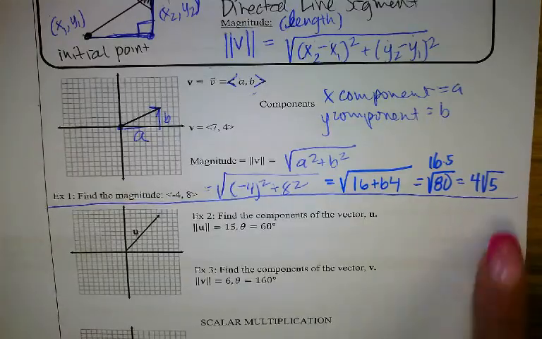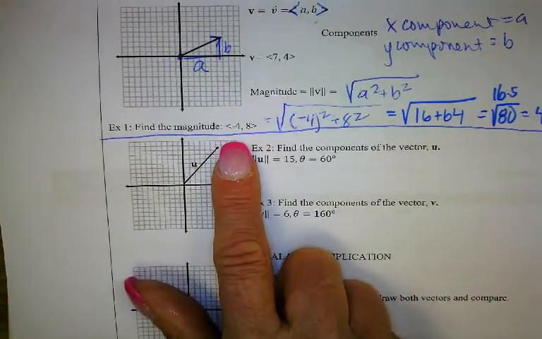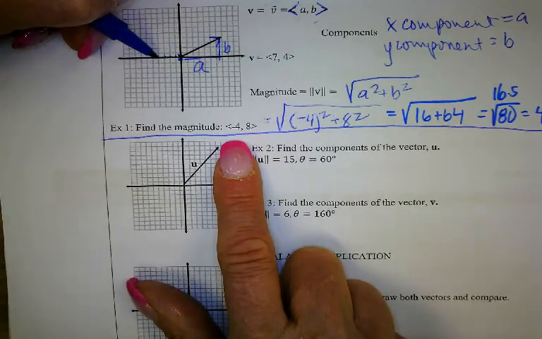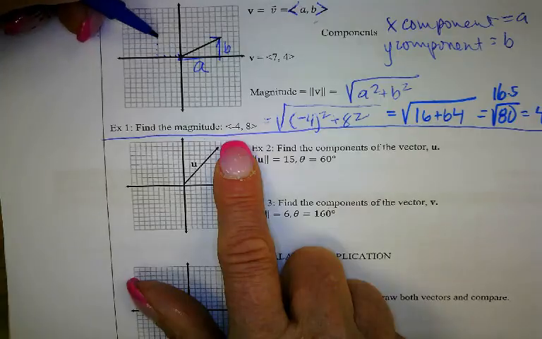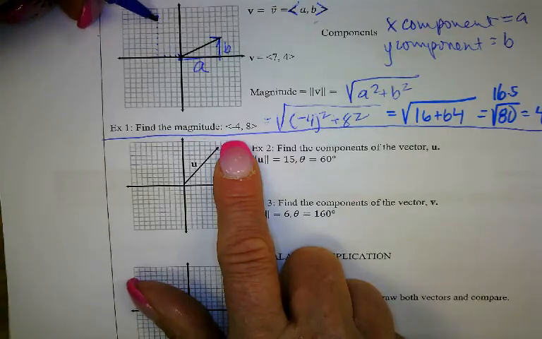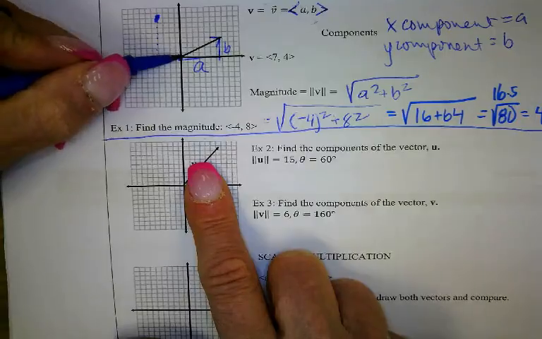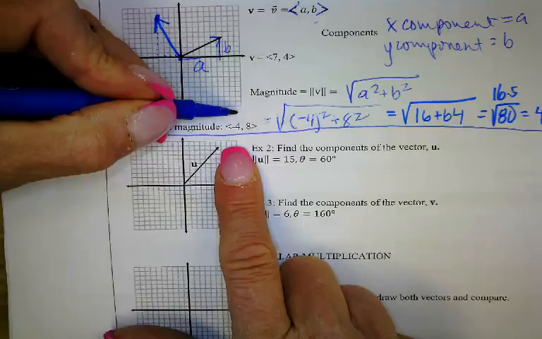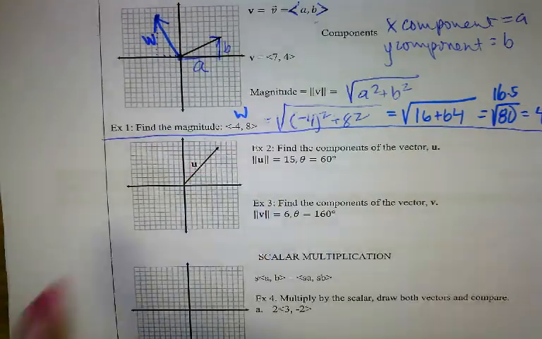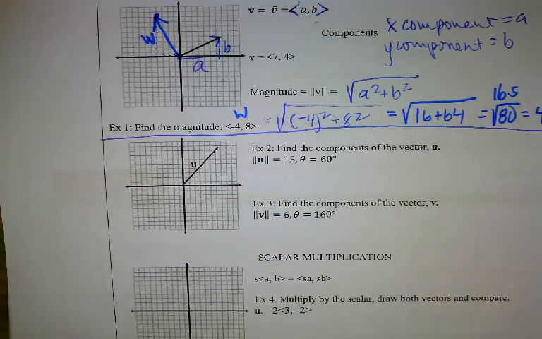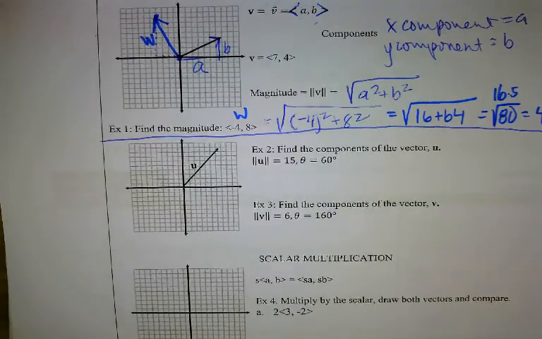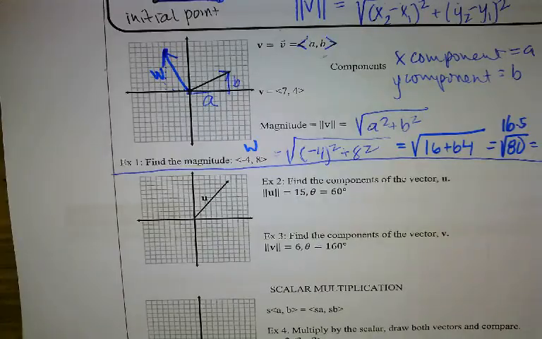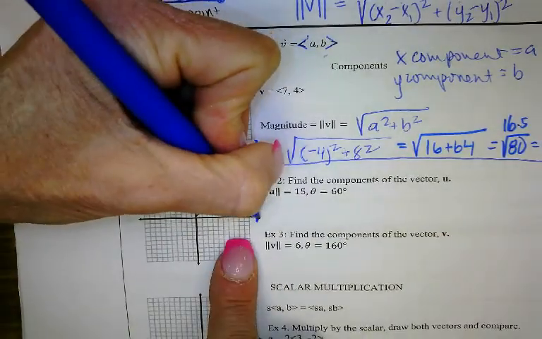Now, if I wanted to graph this vector, I would start at the origin and go -1, 2, 3, 4 in the x direction, and up 1, 2, 3, 4, 5, 6, 7, 8 in the y direction. Then I would draw a vector from the origin to here, and let's call this vector W and label that vector W. Now remember, this could also be written as r comma theta.